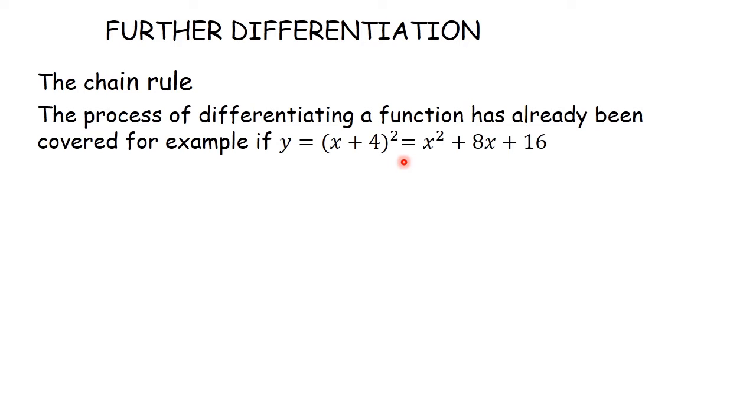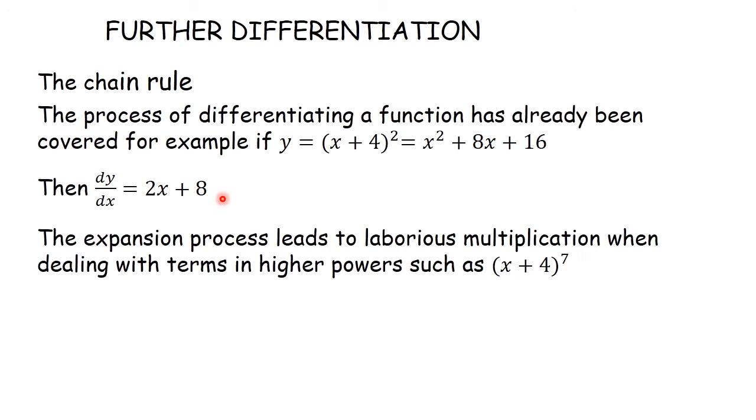So because we can easily expand this, we can as well use the previous knowledge to get the derivative of that function. So here if we differentiate that, the x squared is going to be 2x, then the 8x is going to remain as 8. So here it would be quite simple to do the differentiation.